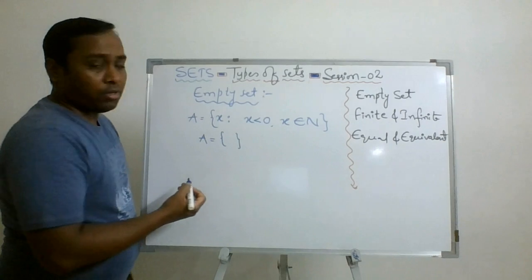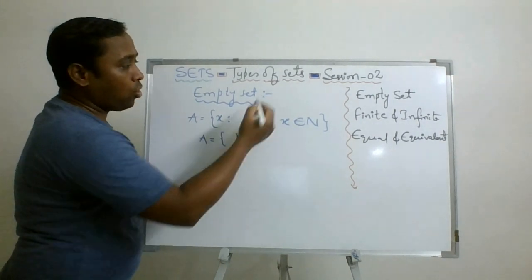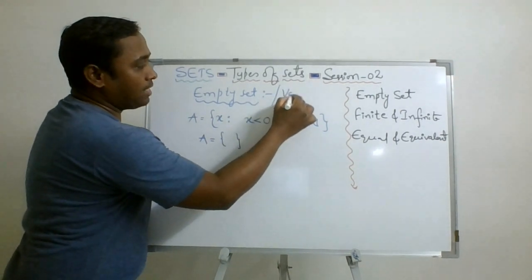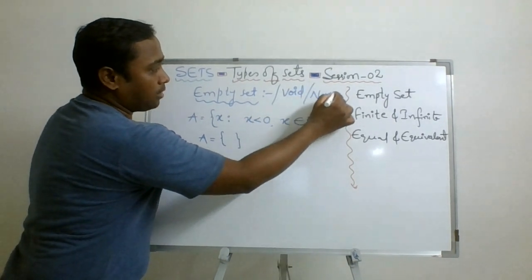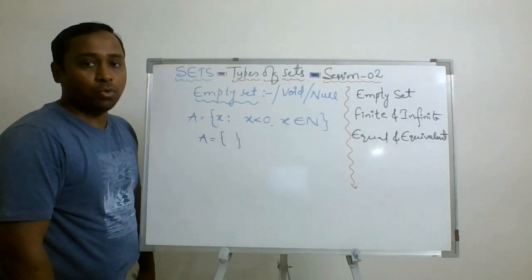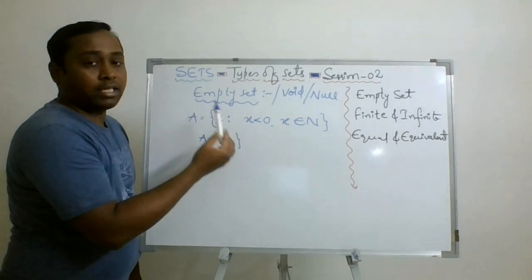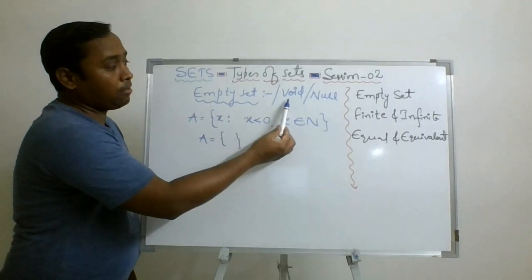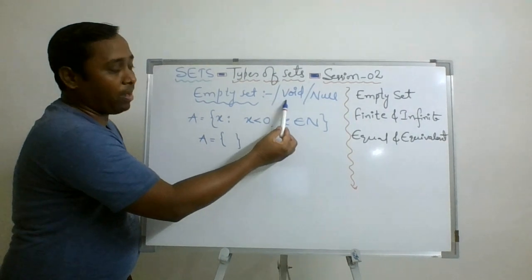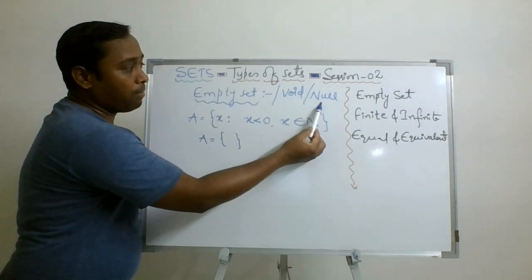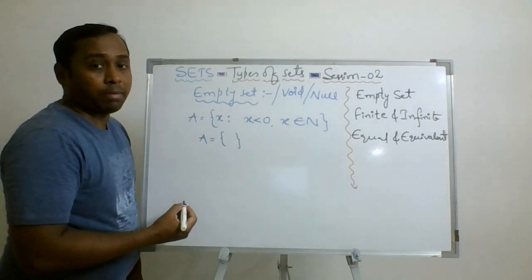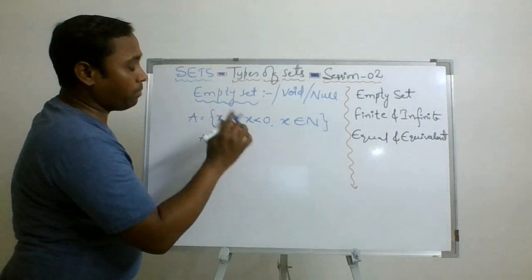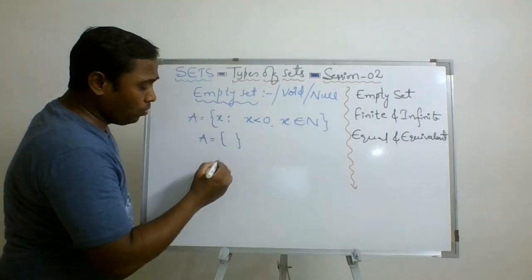In some contexts, the empty set is also known as the void set, also known as the null set. There are various terminologies used for representing this empty set. Sometimes we call it a void set, sometimes we use the name null set, and it is symbolically represented by two symbols.